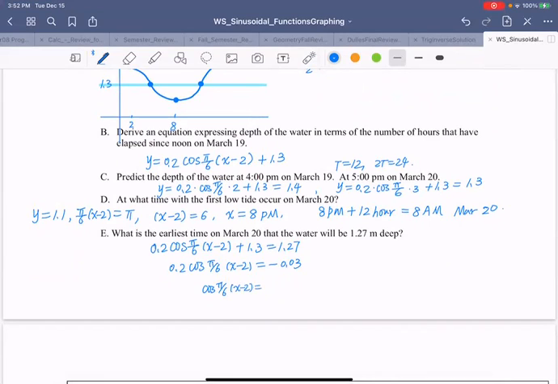This type of question is your school level, right? Let's use the inverse function. Okay.